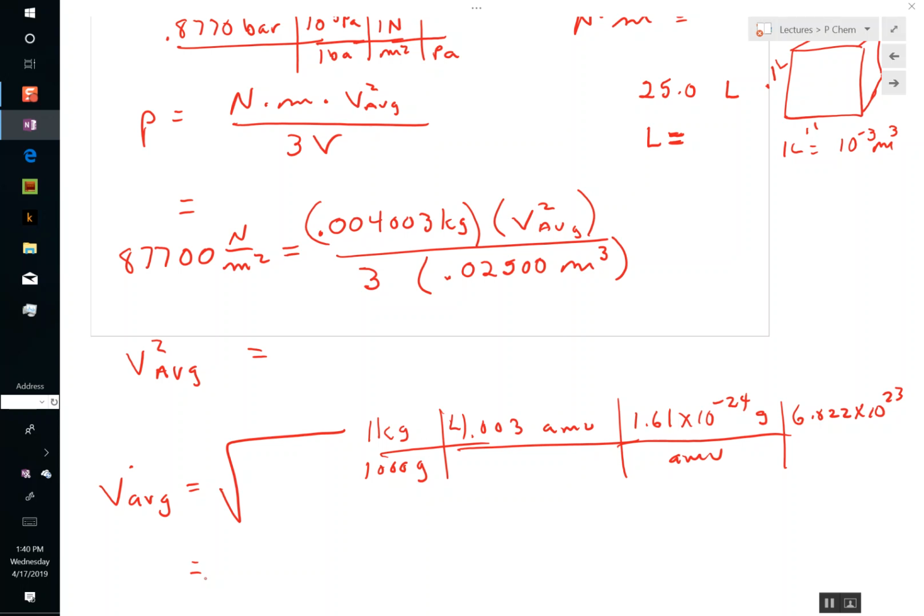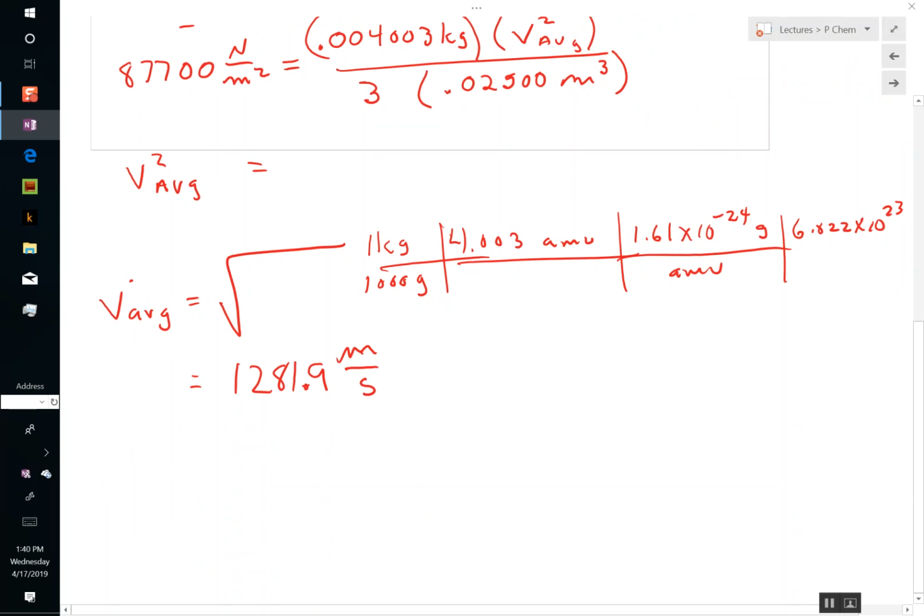Taja, we count on you, back there punching in things in her calculator. 1281.9, and the units are meters per second. Okay, let's say that's 1282 meters per second.